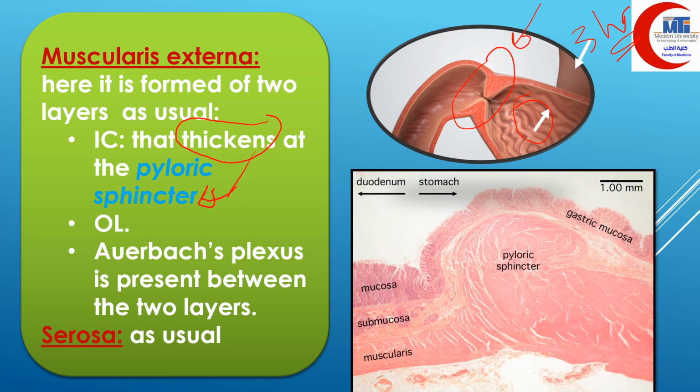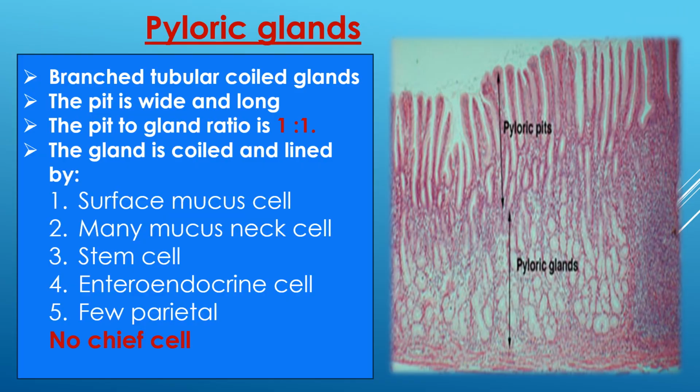Okay. Now let's talk about the mucosa. We say that the mucosa is formed of epithelium, lamina propria, and muscularis mucosa, and we see that lamina propria contains the pyloric gland. What is the difference between pyloric gland and fundic gland to see them in? Here is a photo of a pyloric gland.